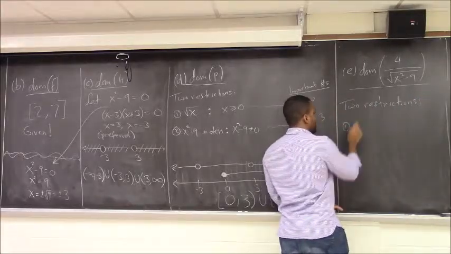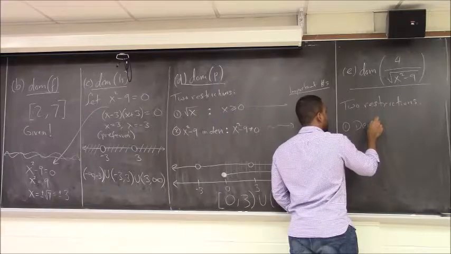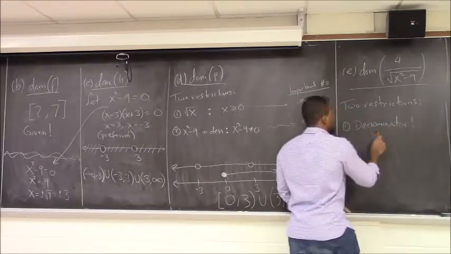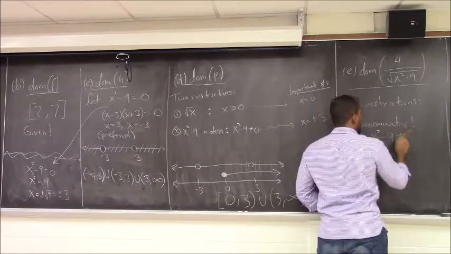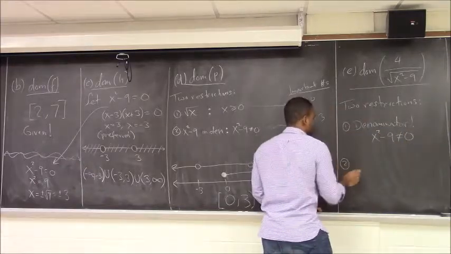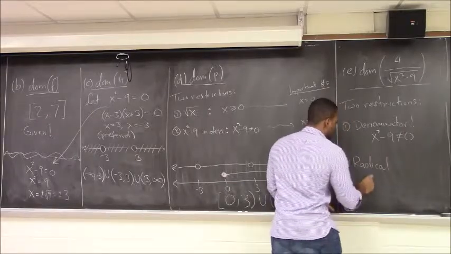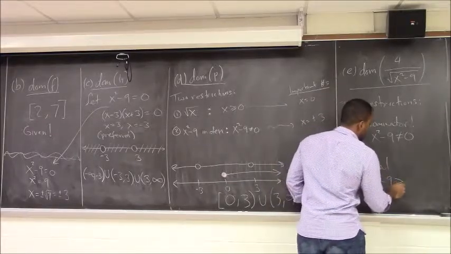So one, there's a denominator, which means that your x squared minus 9 cannot be 0. Two, there's a radical, which means your x squared minus 9 must be greater than or equal to 0.